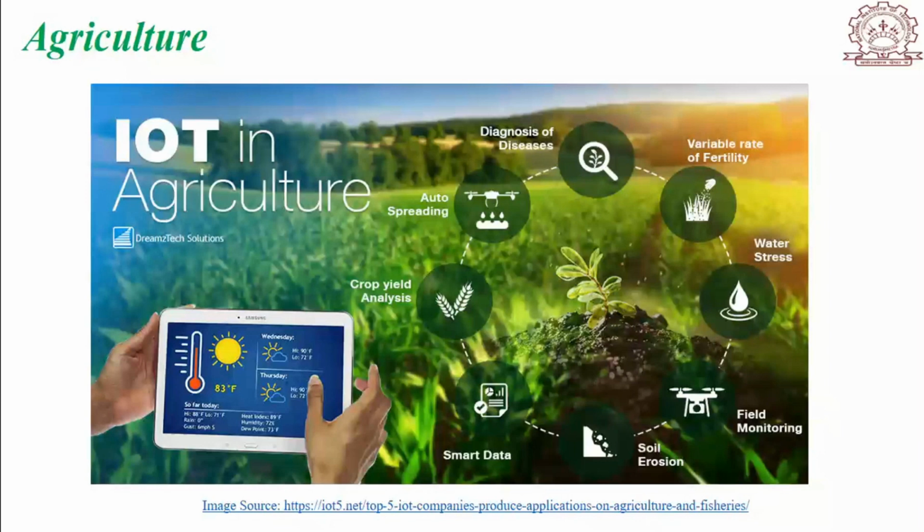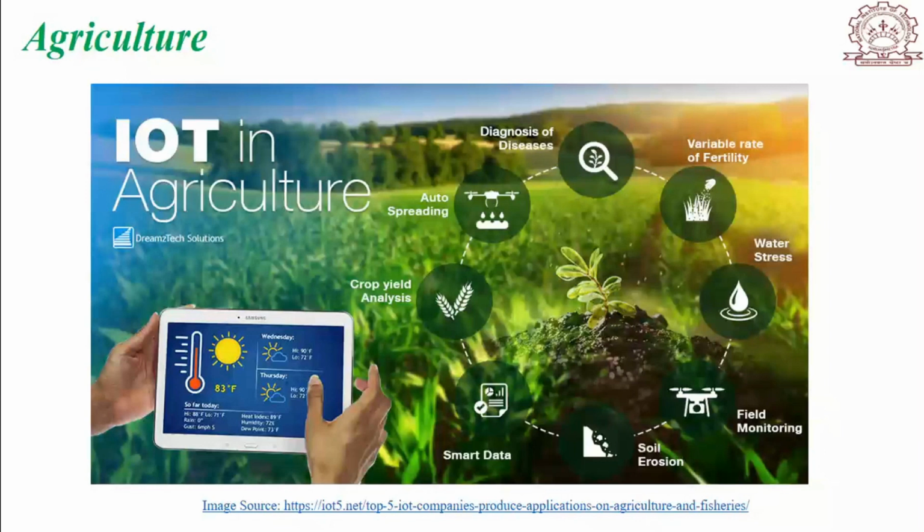In this way they can do the diagnosis of the disease, and they can also check various components, soil quality, water level, and other things as per the programming of the microcontroller fitted in these types of drones. So field monitoring is possible with this kind of device.